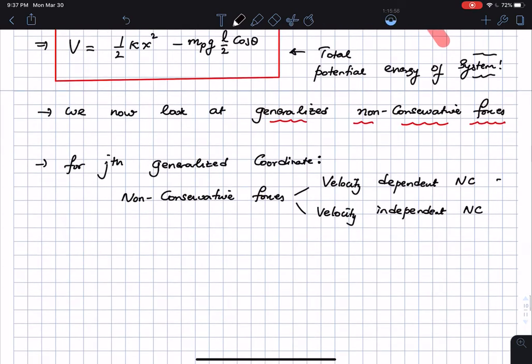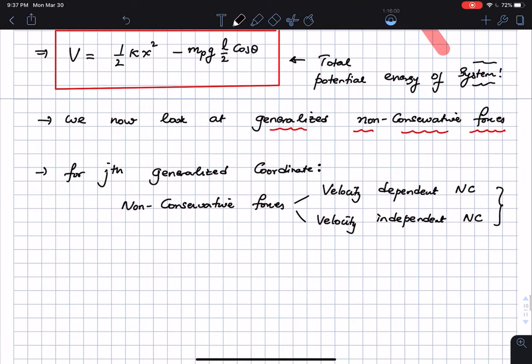So these are the two types of forces that we typically see.